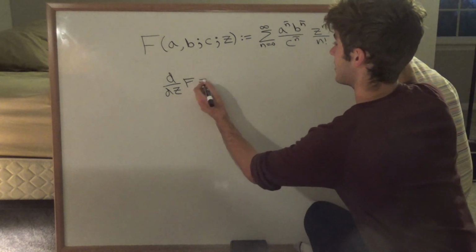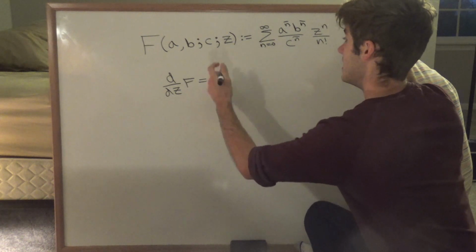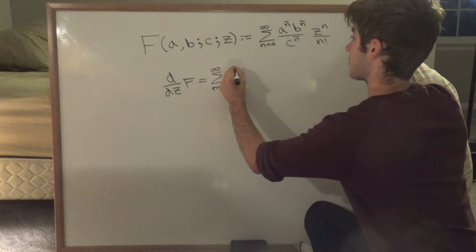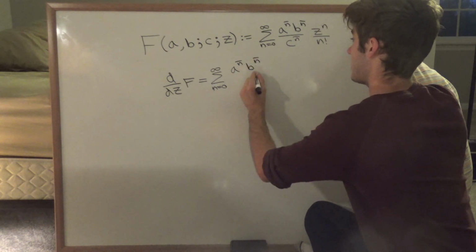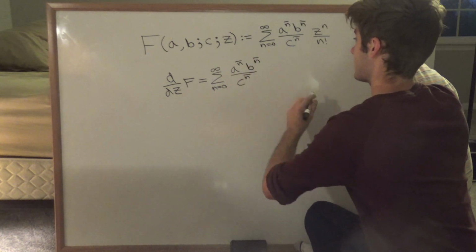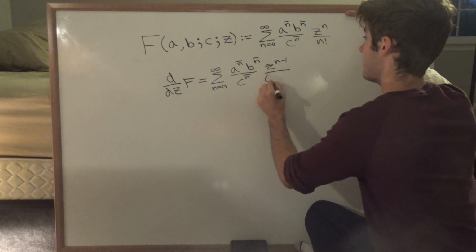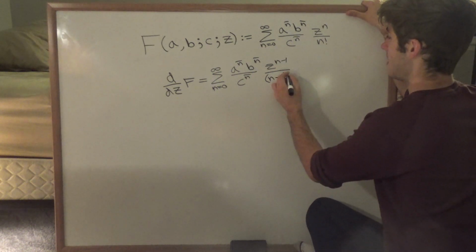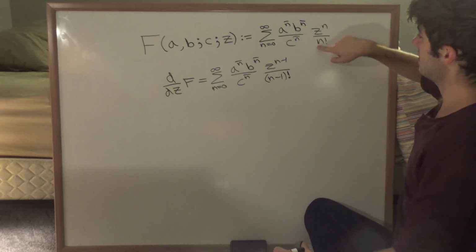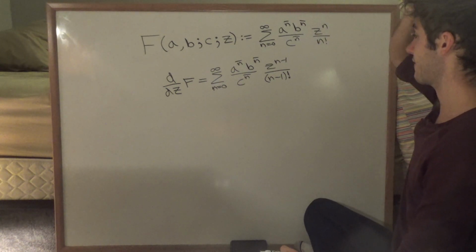So of course that's pretty easy, but the point is to see how we might be able to manipulate this into being in terms of the original hypergeometric function. So we're left with the nth rising factorial of a times the nth rising factorial of b divided by the nth rising factorial of c times z to the n minus 1 divided by n minus 1 factorial. Because using the power rule, the n comes down, we get n minus 1 as a power, the n cancels with the n here, and we're left with n minus 1 factorial.